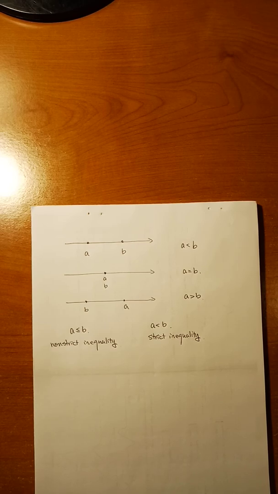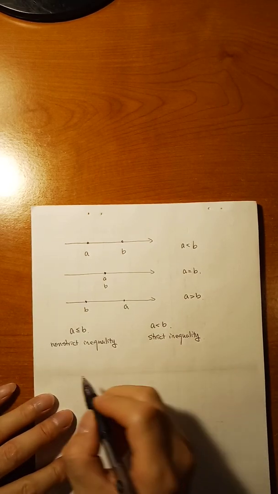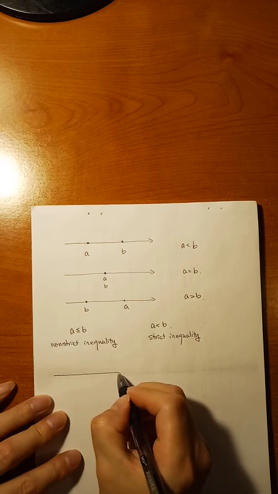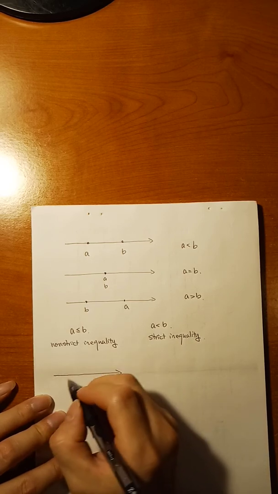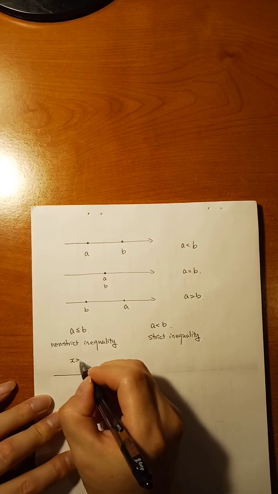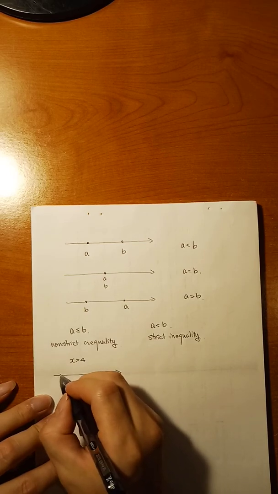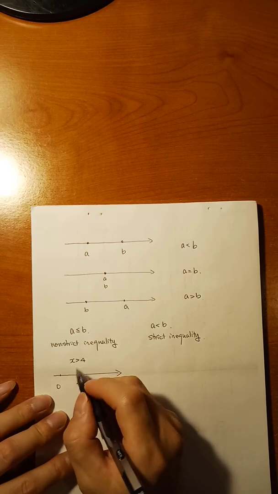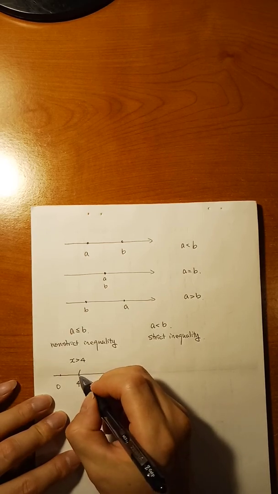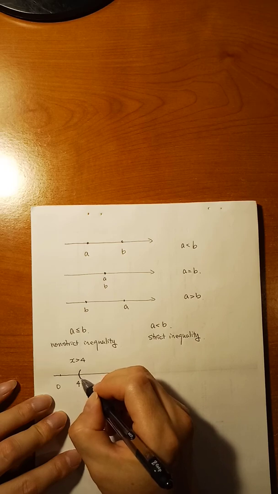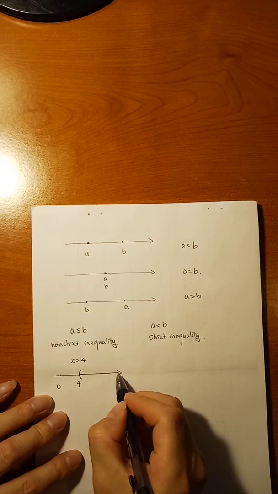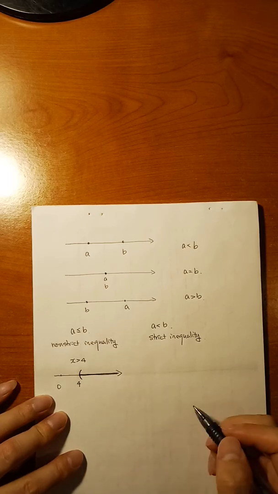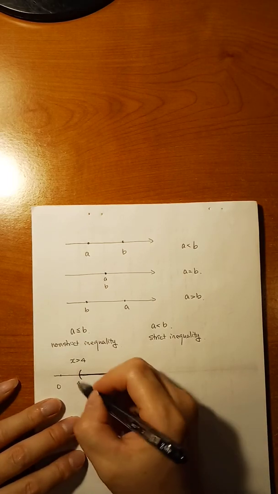Okay, so for example, if I try to draw x greater than 4, x greater than 4 means you have 0 here. I'm not going to draw 1, we directly draw 4. We'll put this round parenthesis and shade to the right. So this is x greater than 4. Okay, this is round.